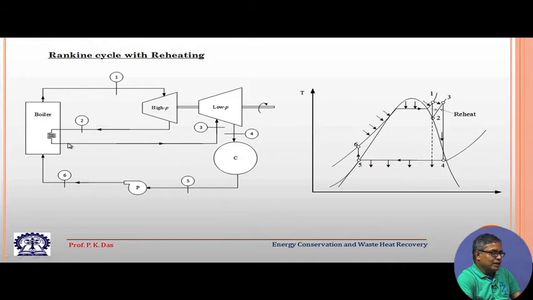When the steam is reheated, its pressure is still low because we have not increased the pressure, only the temperature, and it is going to the second turbine, which is called a low pressure turbine. In the low pressure turbine it is expanded, and then it is taken to the condenser. As usual in the condenser we condense the steam. The condensate goes to a feed pump, the feed pump raises the pressure to the boiler pressure, and it again goes back to the boiler.